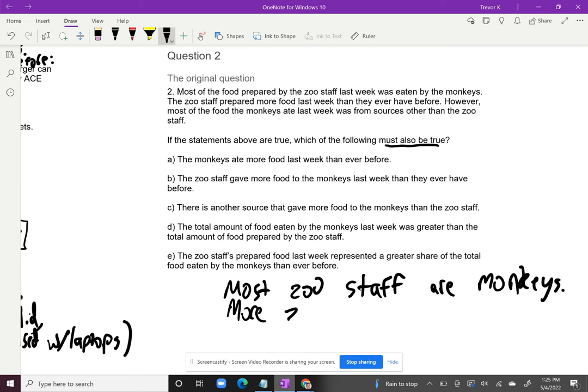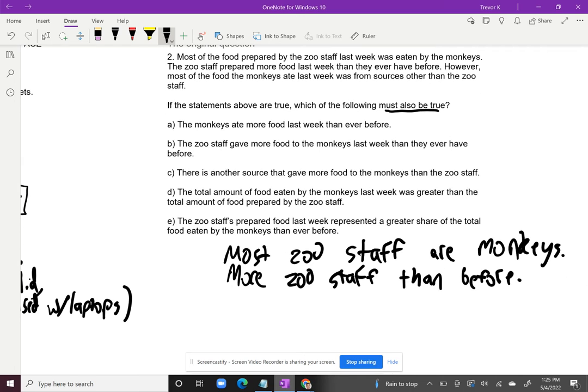More zoo staff food than before. Most monkey food is not zoo staff food.